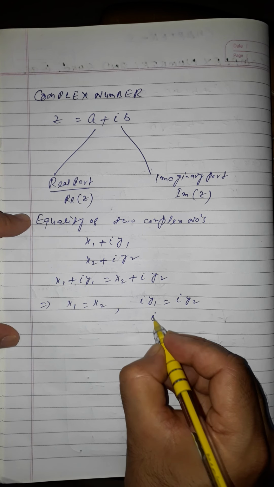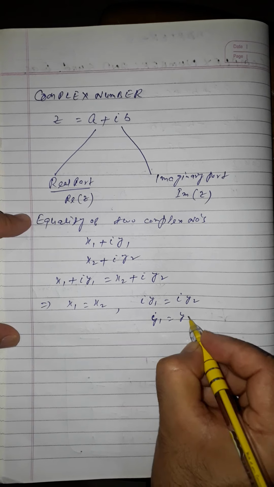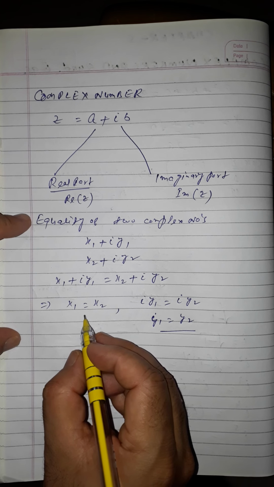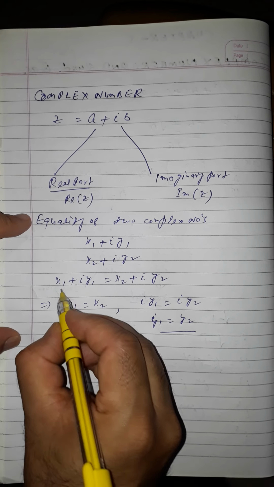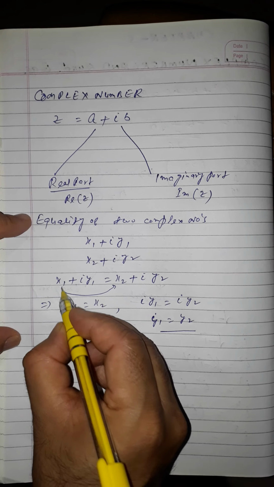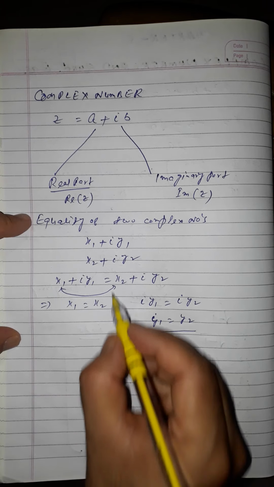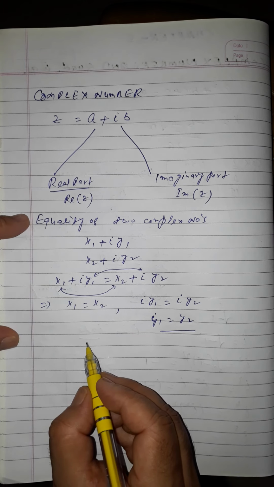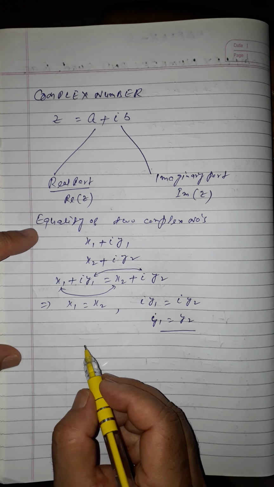Iota will cancel out, so y1 is equal to y2. So the real part equals the real part, and the imaginary part equals the imaginary part. That is very important to understand, students.